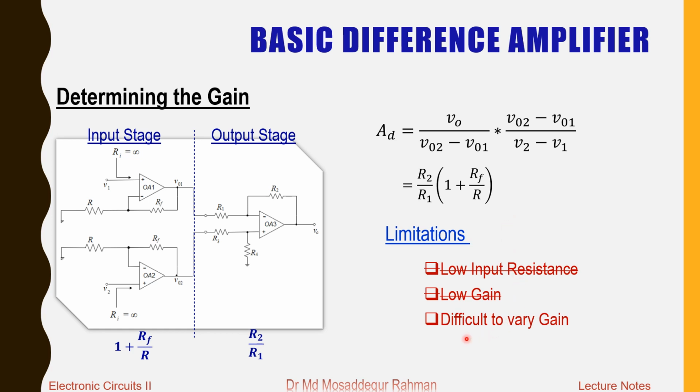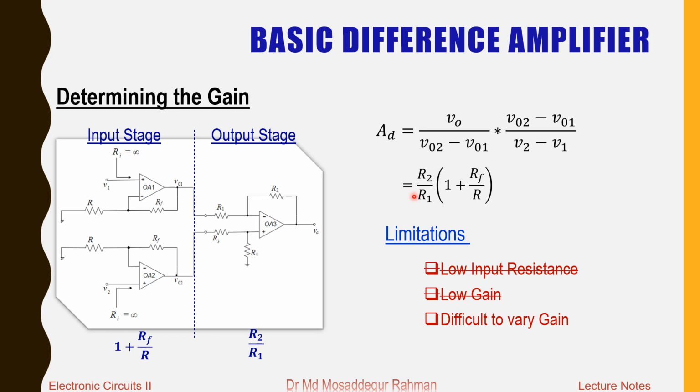But the difficulty that remains is the third limitation, that is the difficulty to vary gain. That is still there, because if you want to vary gain, there are four resistors, and you need to vary any of these four resistors.